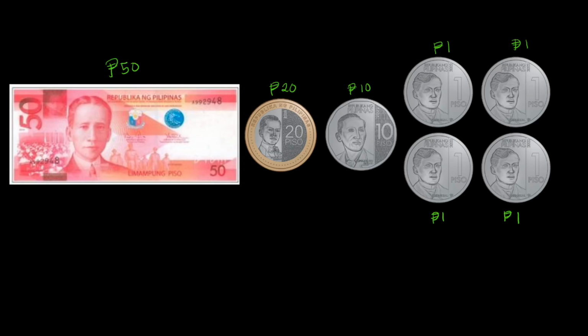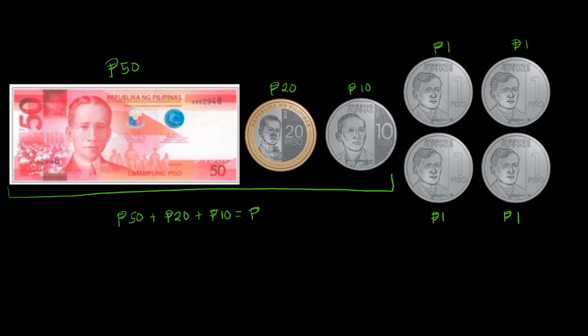Now, how do we get the total value of this money? First, we add the tens. What are the tens here? We have the 50, 20, and 10. So we add all these three. That's 50 plus 20 plus 10, which is equal to 80 pesos.